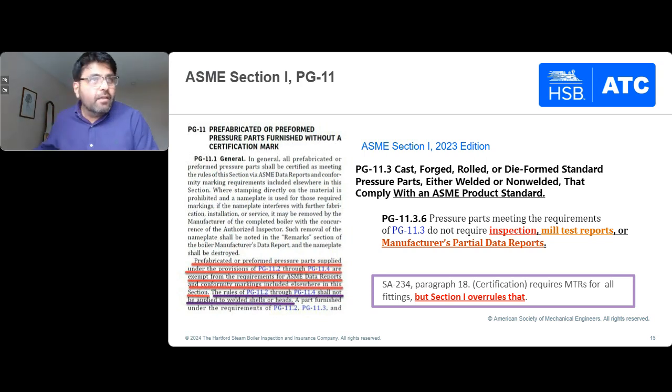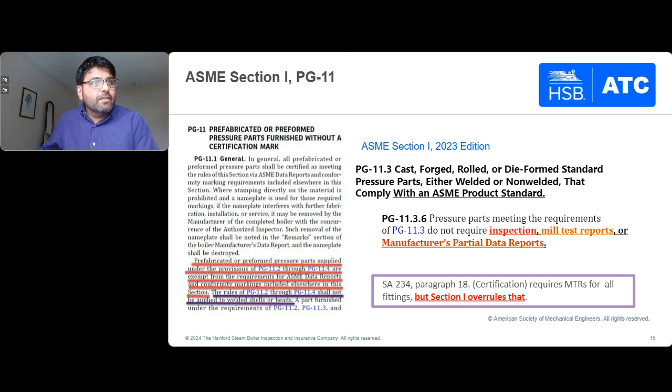So that just made me curious in terms of reviewing some of the requirements that we have in Section 1, and I'll talk about B31.1 in a minute. This pertains to boiler systems, so we should be looking at both. But within Section 1, we have a paragraph PG11, and that's where usually we handle standard pressure parts like these Ts.